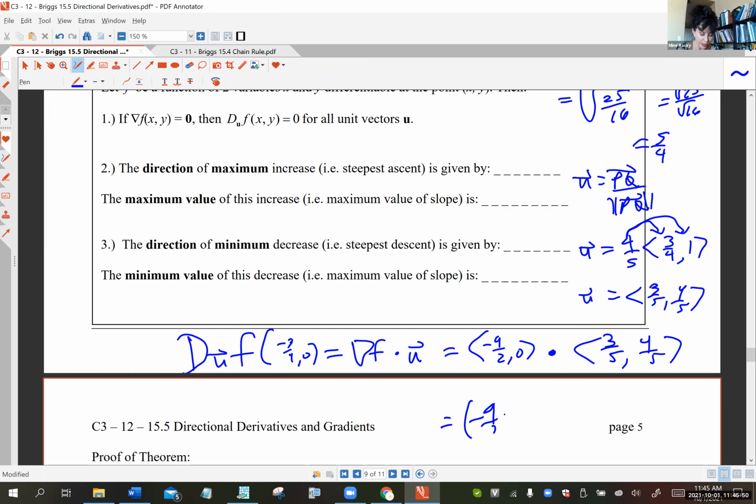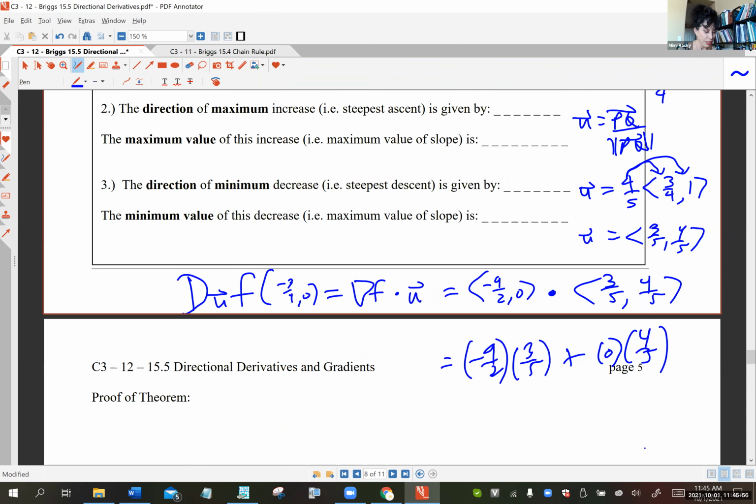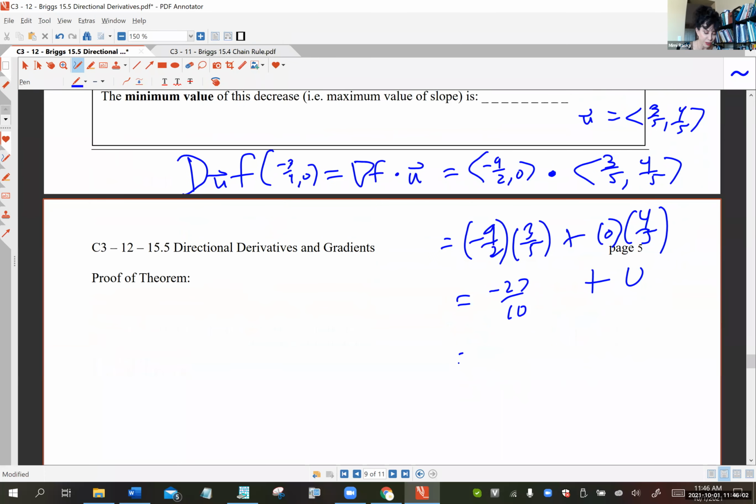You guys know how to do dot products, right? This is old news. After I multiply, 0 times anything is 0, I get negative 27/10. And that's my final answer. My directional derivative at that point was negative 27/10. And that's the slope. Directional derivative is a slope.